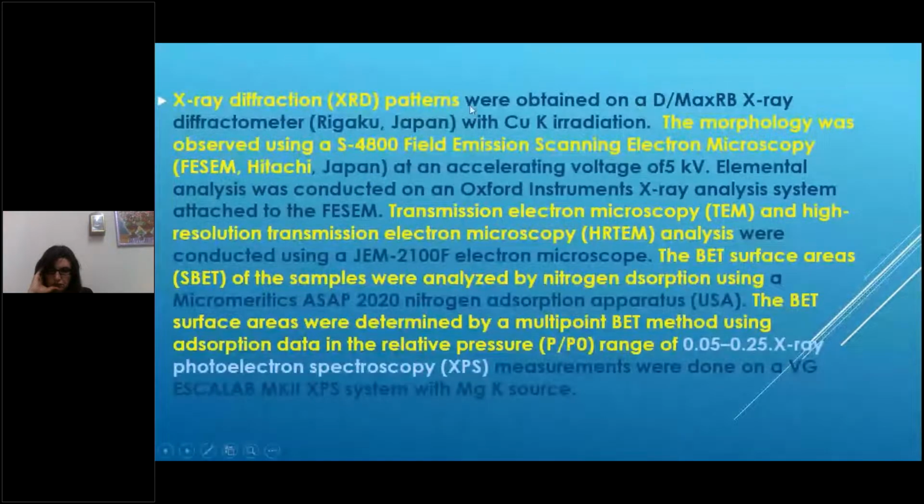XRD analysis was performed. The morphology was investigated with a field emission scanning electron microscope, transmission electron microscope, and high resolution transmission electron microscope analysis. The BET surface area of the samples was analyzed by a nitrogen adsorption-desorption apparatus. The BET surface area was determined by a multi-point BET method using adsorption data in the relative pressures.